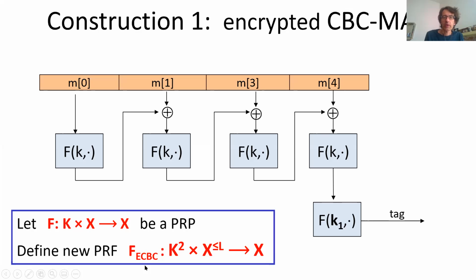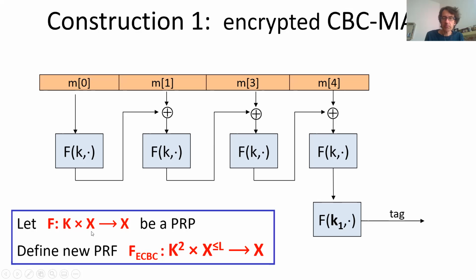In fact, for the encrypted CBC, the key space is a pair of keys of F. So if F's key space is K, the ECBC using this block cipher F has key space K squared, a pair of two values in space K. This is one, this is the other. The message space of the encrypted CBC is any number of blocks.